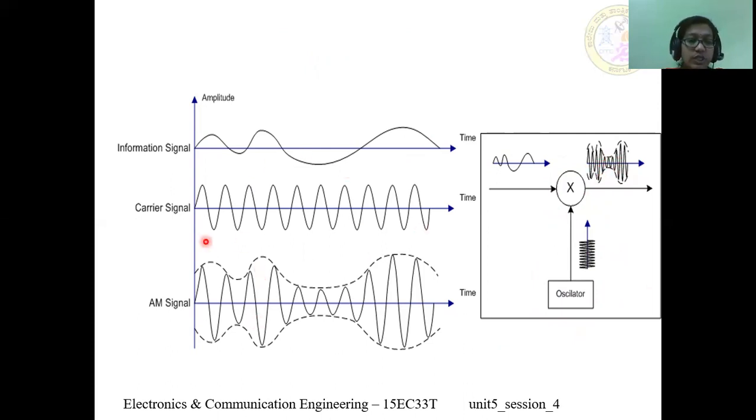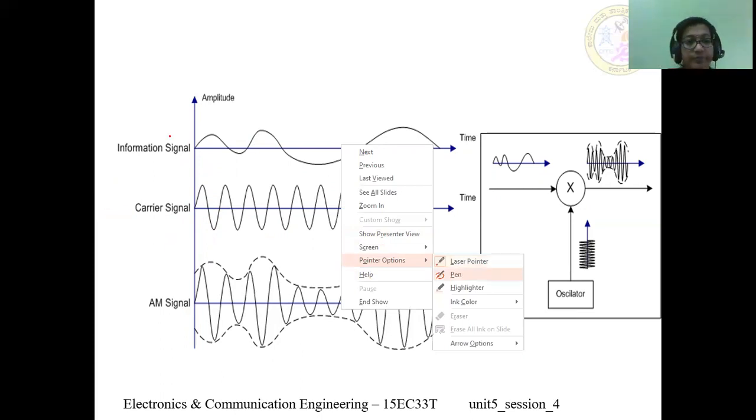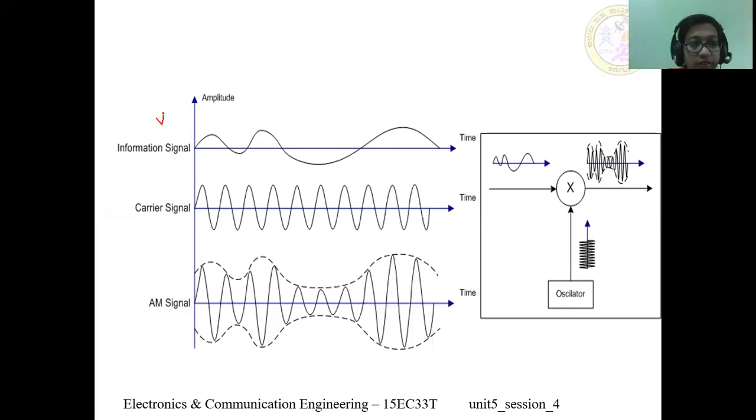Here, these are the waveforms that represent the information signal with a certain amplitude and frequency, and the carrier signal with a certain amplitude and frequency. The amplitude of the carrier we can consider as Vc, and for the message signal as Vm. Similarly, the frequency of the message signal we can consider as fm.